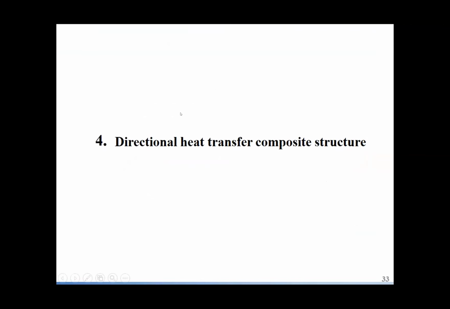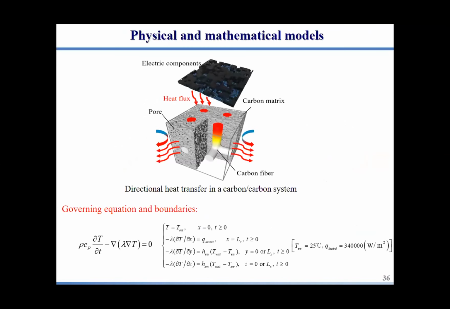For the last part, we show some results for directional heat transfer component structures. For example, here is a heat source, which we can consider as electrical components. This is a porous matrix, such as a carbon matrix, and the heat flux goes this way.